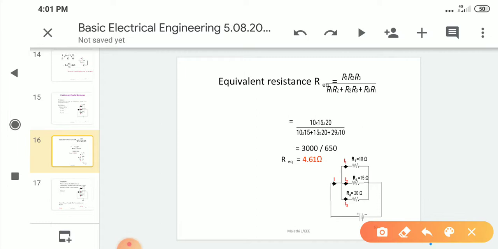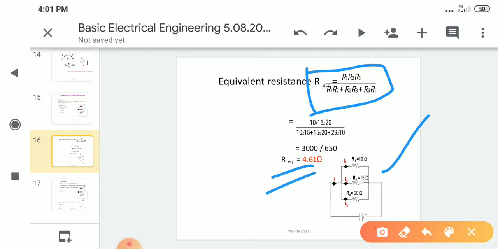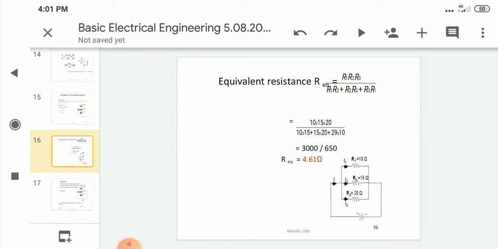This is the formula for three resistances connected in parallel. 10 into 15 into 20 by 10 into 15 plus 15 into 20 plus 20 into 10. The final answer is this. Here we are calculating the equivalent resistance.